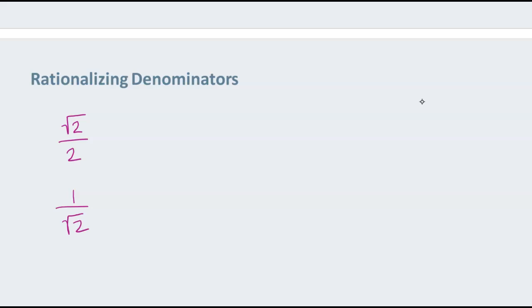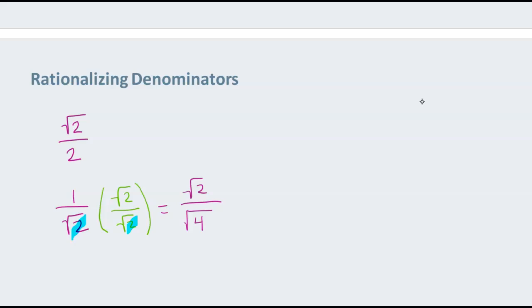When I have a square root in the denominator, what I do is I multiply by the exact thing that I'm trying to get rid of, which is kind of a strange thing. You multiply by the exact thing you're trying to get rid of. When I multiply here, I'll have square root of 2 on top, but then on the bottom, I'll have the square root of 4. When you have two square roots, you can take the two items that are underneath the radical sign and they can multiply together.